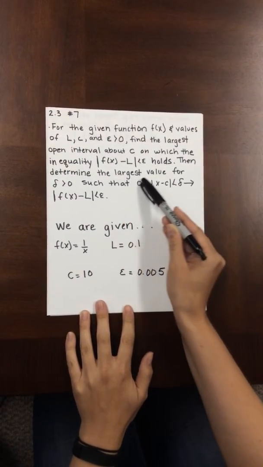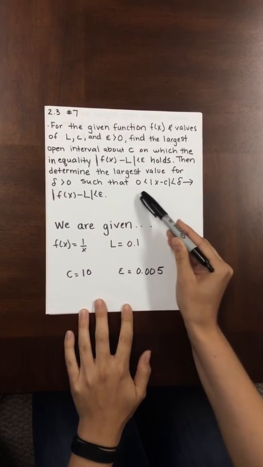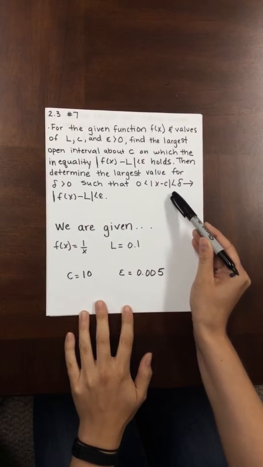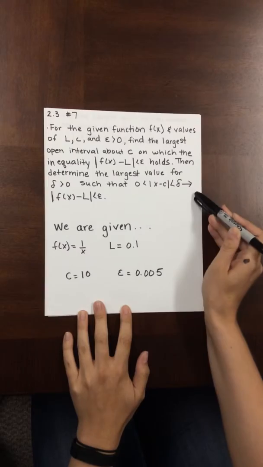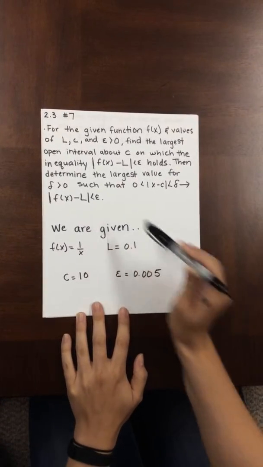Then determine the largest value for delta greater than 0 such that 0 is less than the absolute value of x minus c less than delta, implying that f of x minus L is less than epsilon.